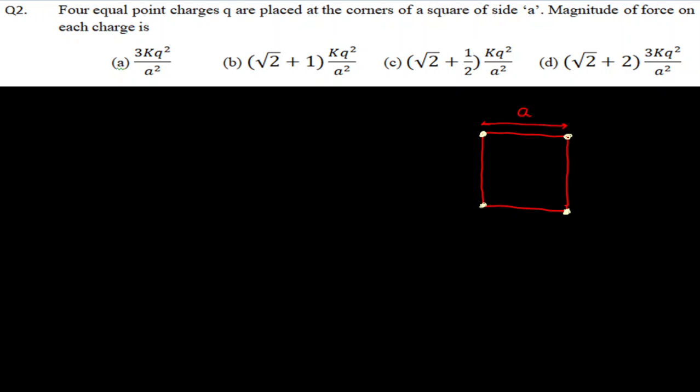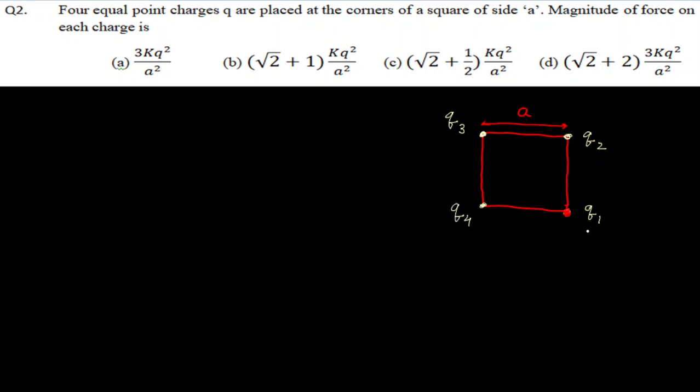So let's calculate the force on this charge, this one. For that, just let me label the charges this way. Let's say this charge is Q1, this charge is Q2, this charge is Q3, and this charge is Q4.